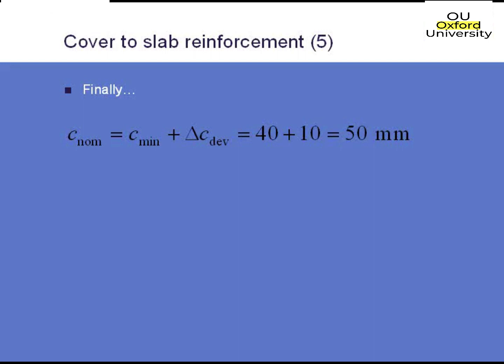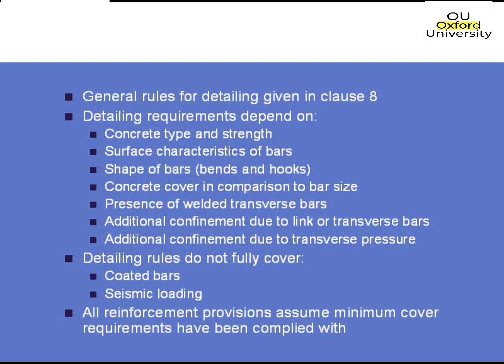Next thing we're going to look at is the detailing rules that are given in the Eurocode. The detailing rules are given in clause 8 of the Eurocode, and they will depend on things like the concrete type and strength, surface characteristics of bars and what sort of deformations they have, the shape of the bars, which is basically whether it is a straight bar or have you got bends in it.